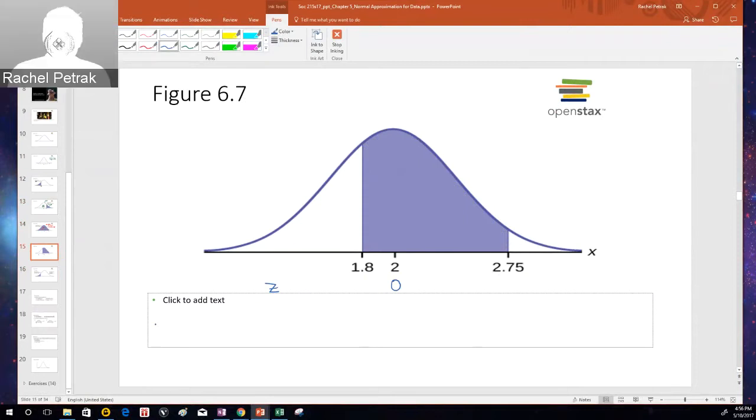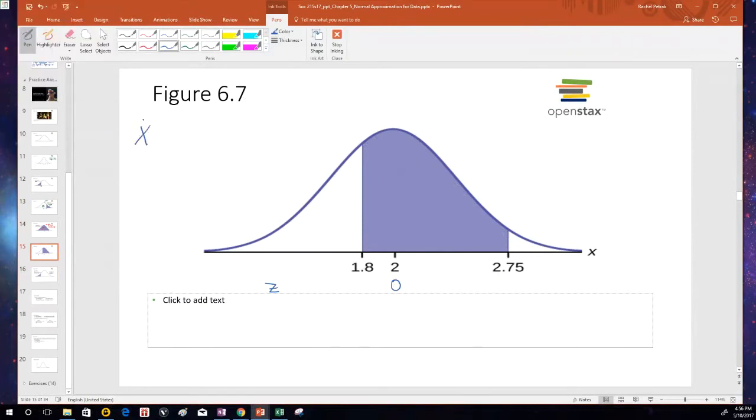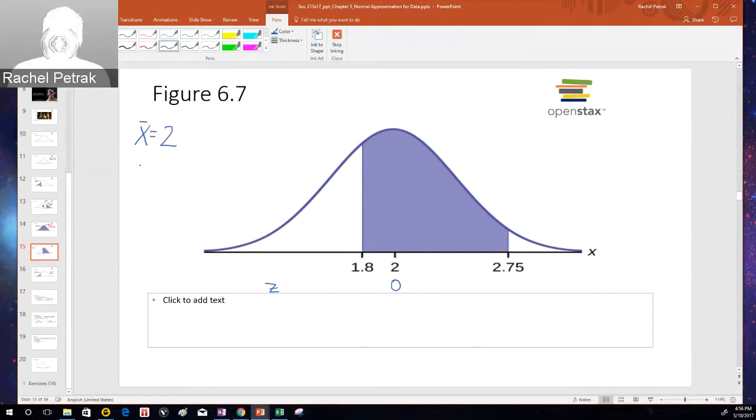So here we know x bar is 2, and the standard deviation is 0.5.